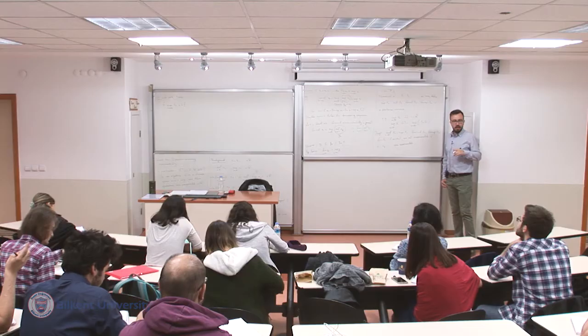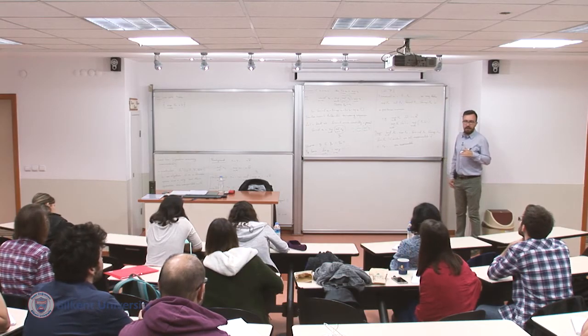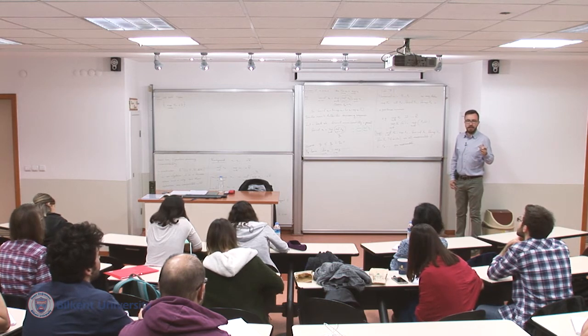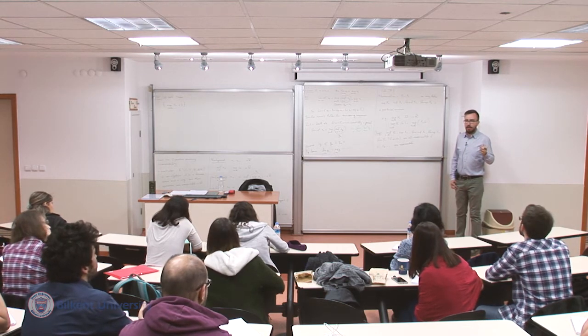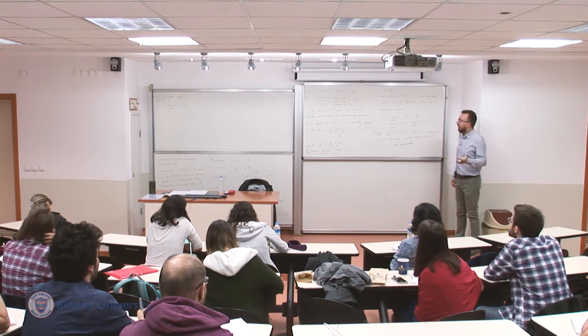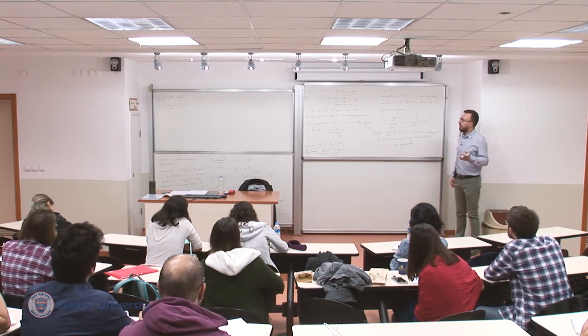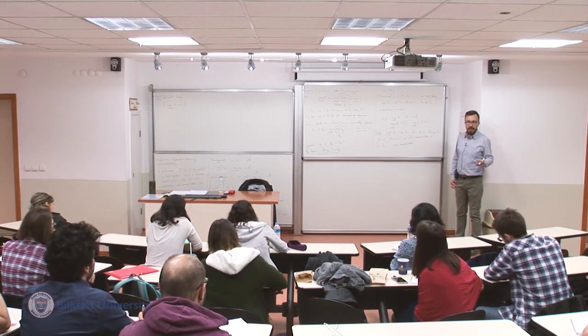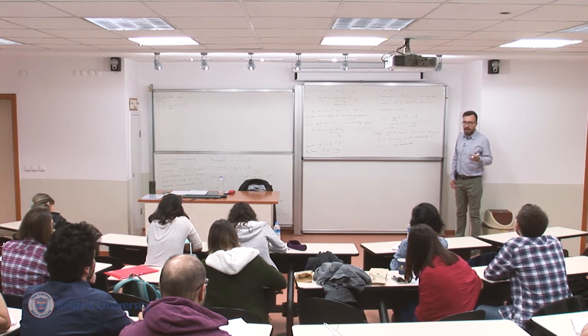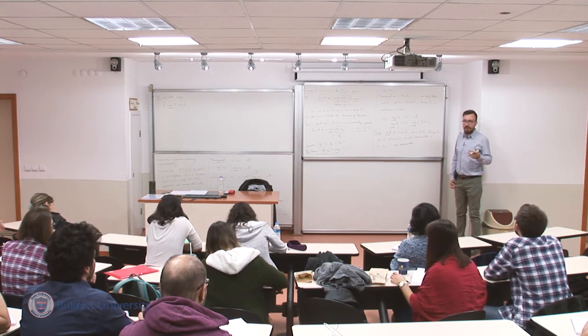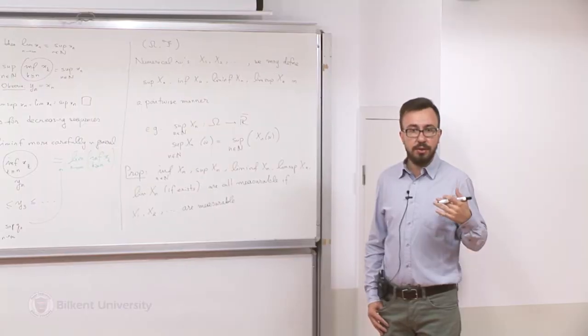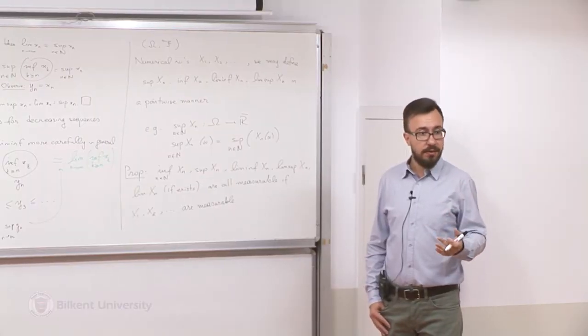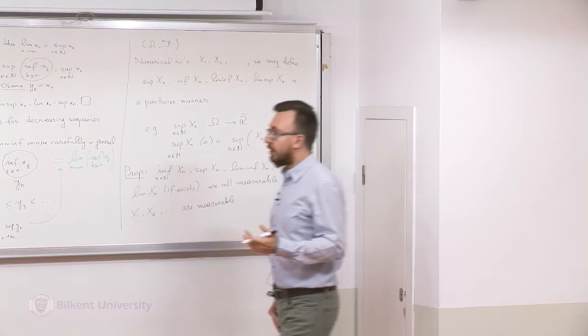What does that mean? If the supremum is less than b, what can you say about x1, x2, x3? All of them are less than b. And if you have xn less than b for every n, what does that say? The supremum is also less than b, right? So this is if and only if.